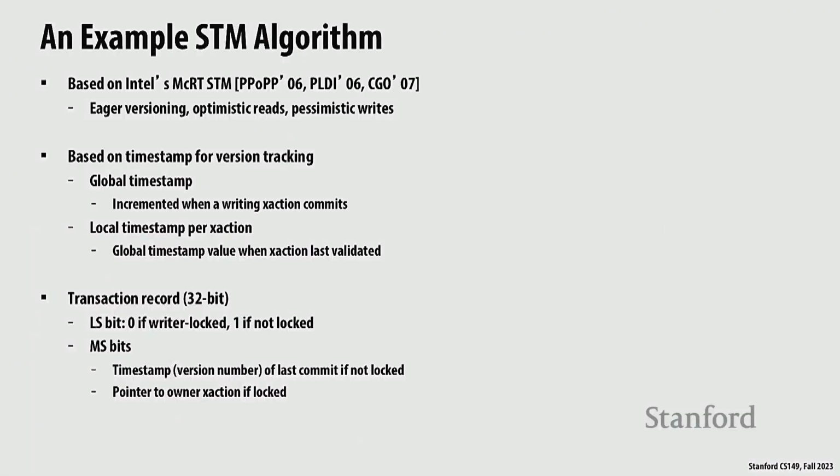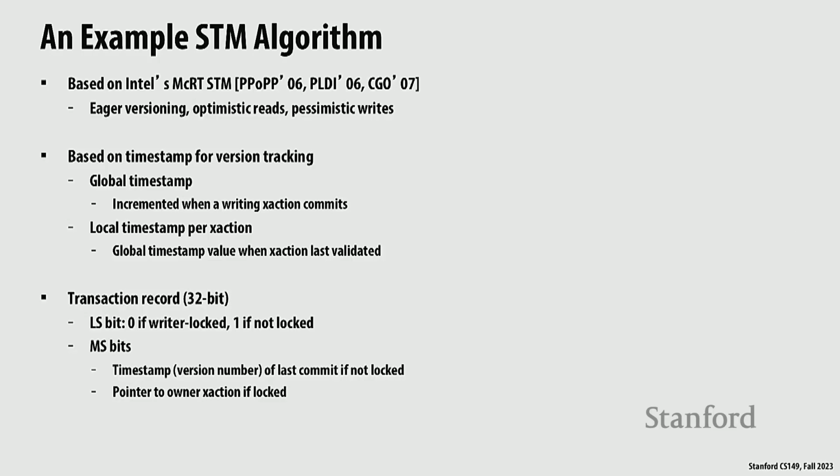Okay, so with that in mind, we have a way of thinking about data structures per transaction, the transaction descriptor, and then we have the data record for the individual data. So now let's talk about a specific STM algorithm.